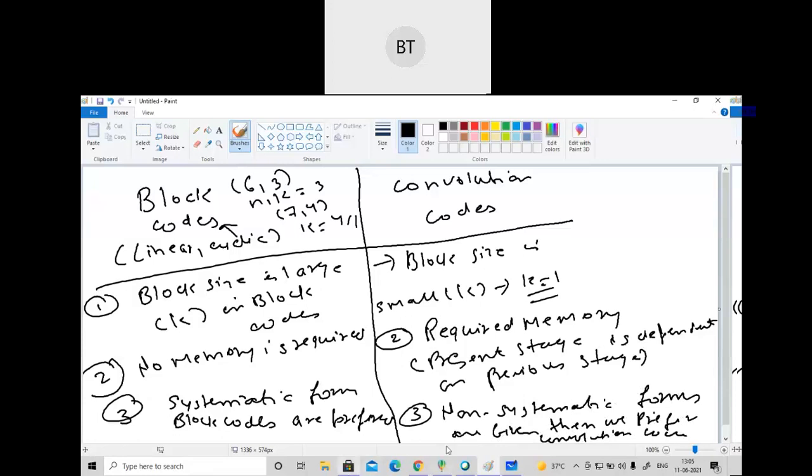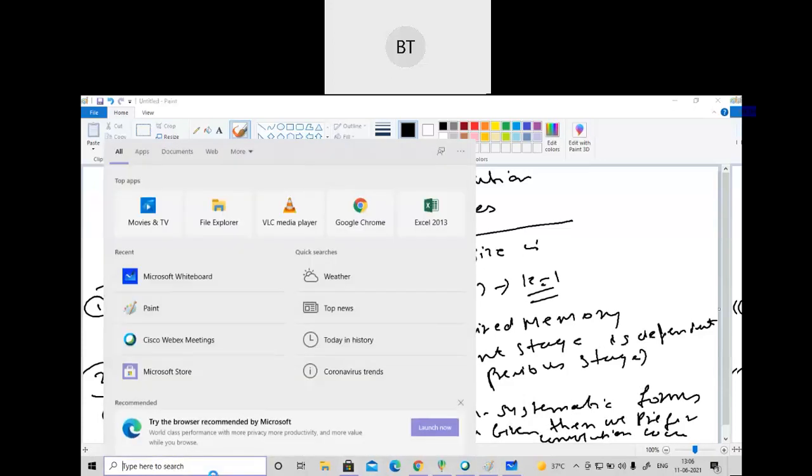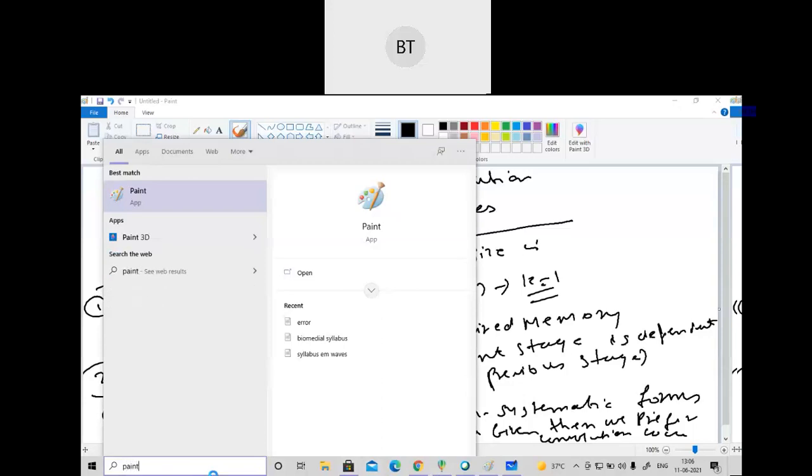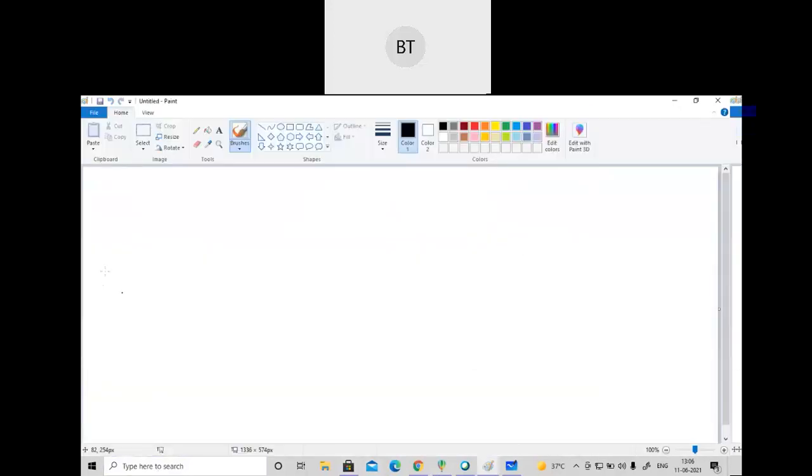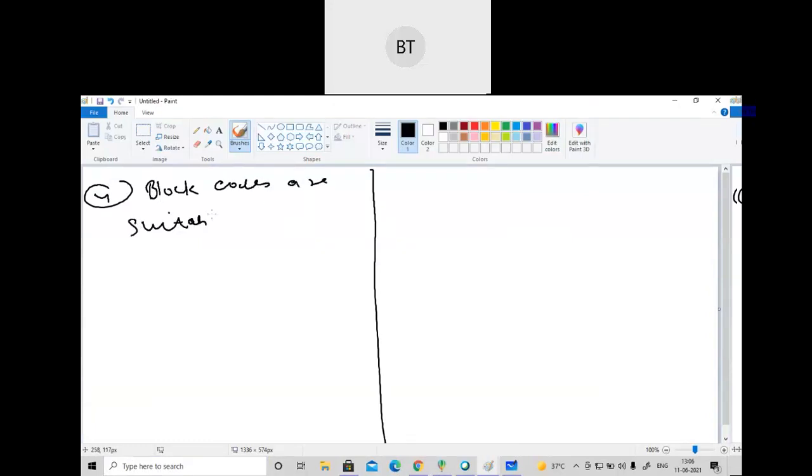So we will see some more differences. I will open one new page. These are the 3 differences we have seen. Now the 4th difference is that block codes are suitable for solving the random error. I'll tell you what the random error is. Random error means single bit of error. In the block code we have seen we can only correct 1 bit of error.